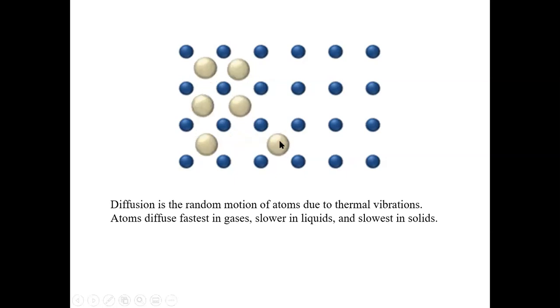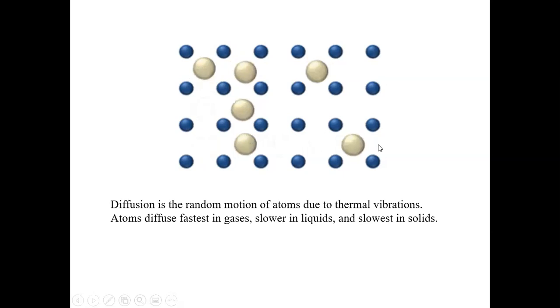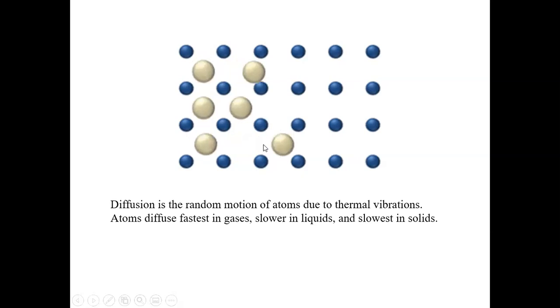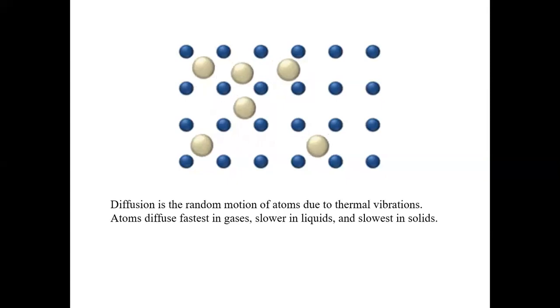At some point, this particle may receive a thermal energy fluctuation, which increases the vibration, giving it sufficient kinetic energy to squeeze through the barrier imposed by this pair of blue particles, and in this way they make these random hops.